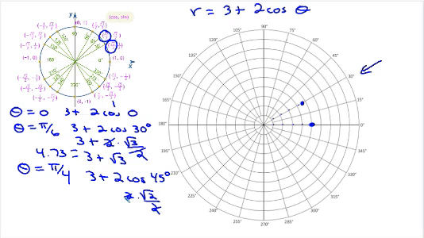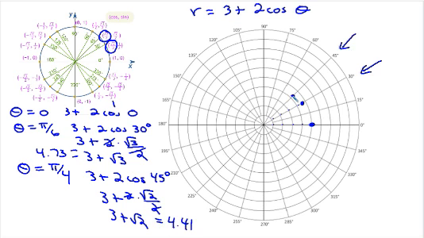The 2's are going to cancel, and you're going to have 3 plus the square root of 2, which is another decimal value. 3 plus the square root of 2 is 4.41. So I come up on the 45-degree line, and 4.41 is just a little bit closer than our last one.